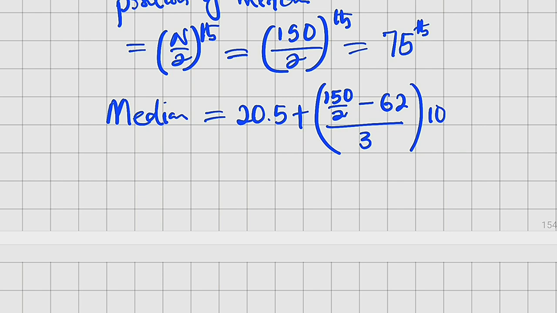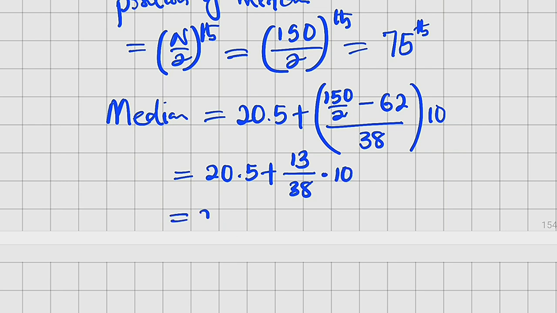All right, so this is what we have to compute. This is equal to 20.5 plus, this is 75. 75 minus 62, that will give us exactly 13. Divide by, this is frequency of the median class. It should be 38, please, sorry. Then multiplied by 10.